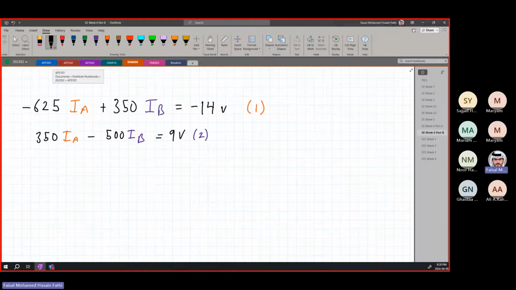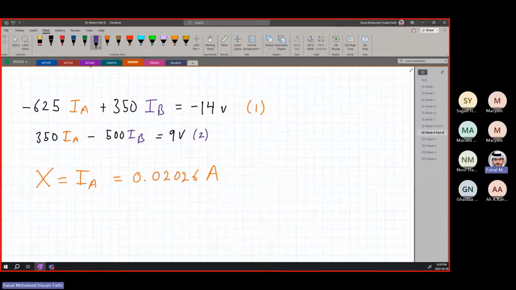We will get x first, which is equal to IA. This is the first value we have, on the left. So this is going to be equal to 0.02026 amperes, and then we have y, which is equal to IB.